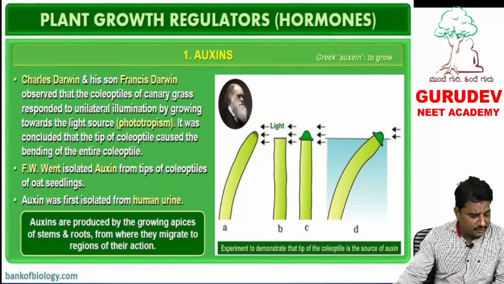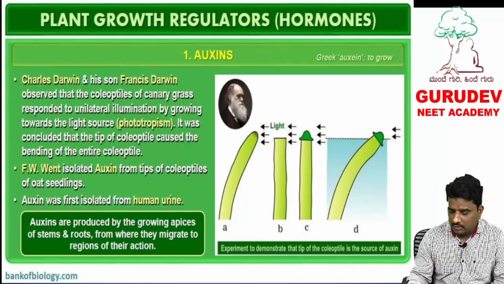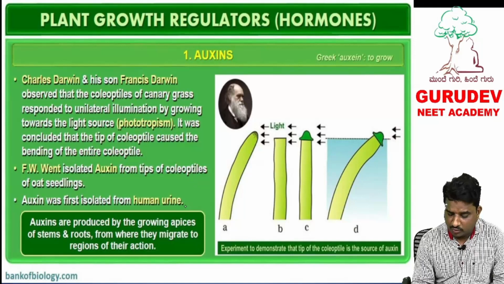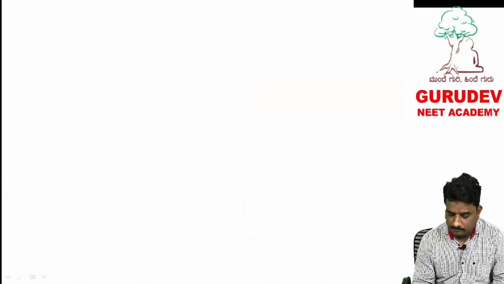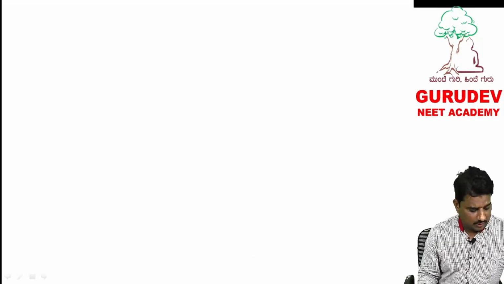Before going to auxin, we have to divide the PGRs broadly into different types. That we have to study. Before going to auxin, we have to study in detail the points given in the NCERT textbook. Concentrate. Okay, which are those?